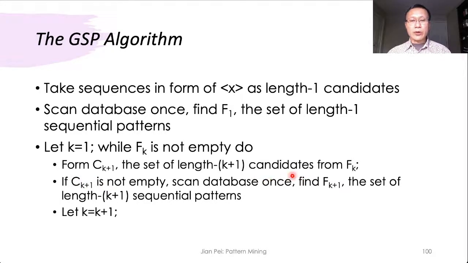We prune all those candidates that fail the support threshold, and the surviving candidates become F_{k+1}, the set of length k+1 sequential patterns. And then we increase k by 1 and repeat the iteration here.